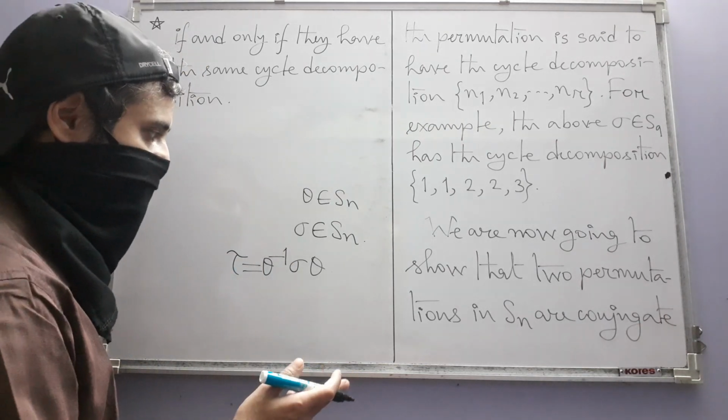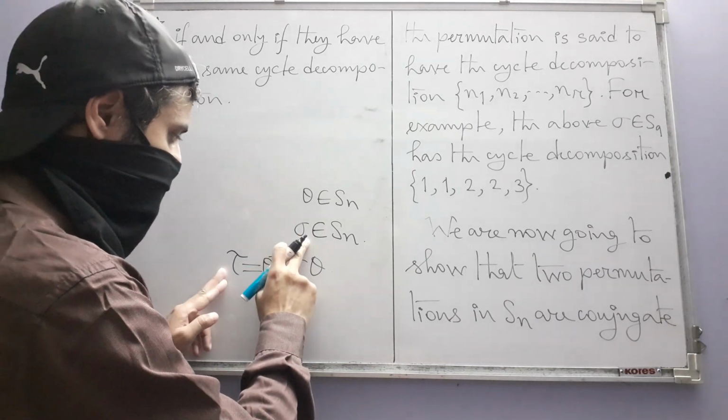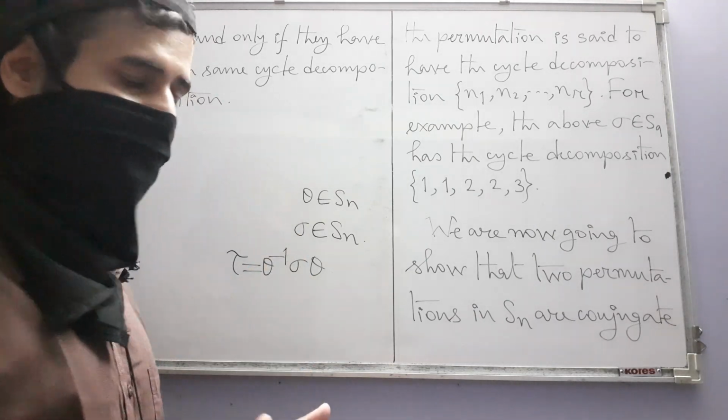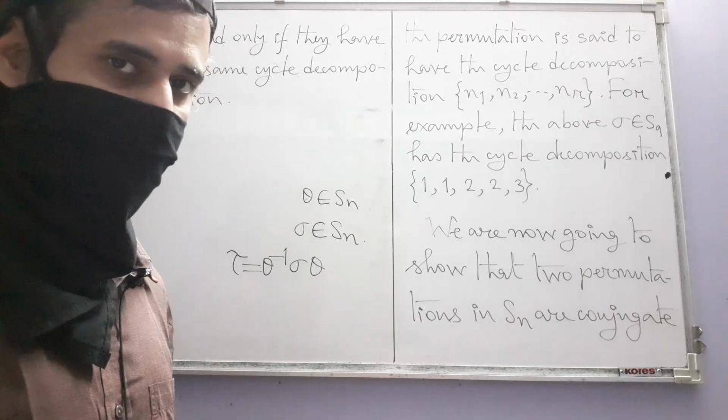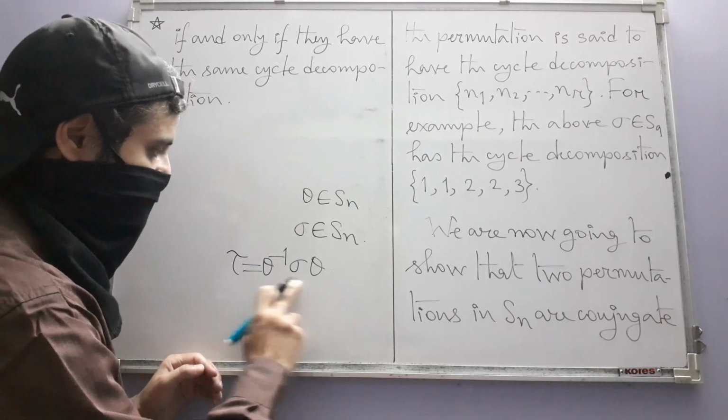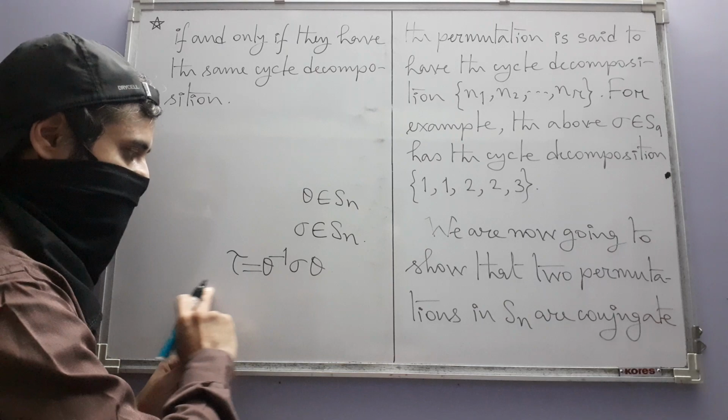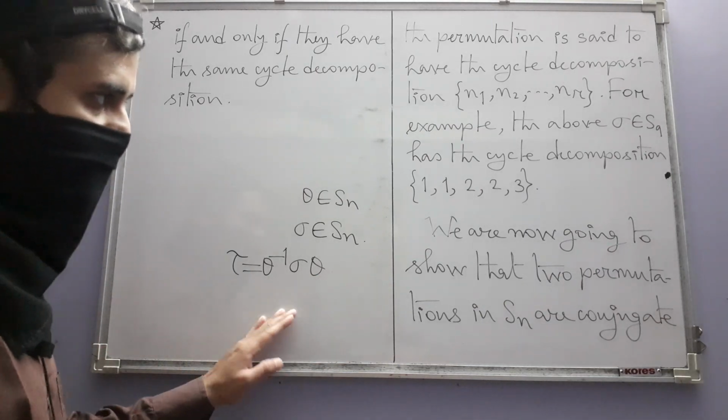And conversely also, if the permutations turn out to have the same cycle decomposition, then they will be conjugate. That is, for them such a theta will exist that will give us the conjugacy relation.